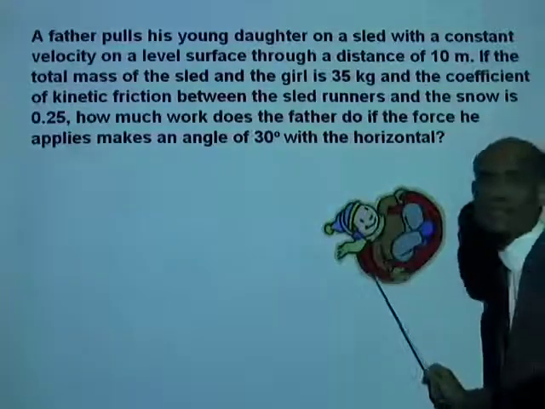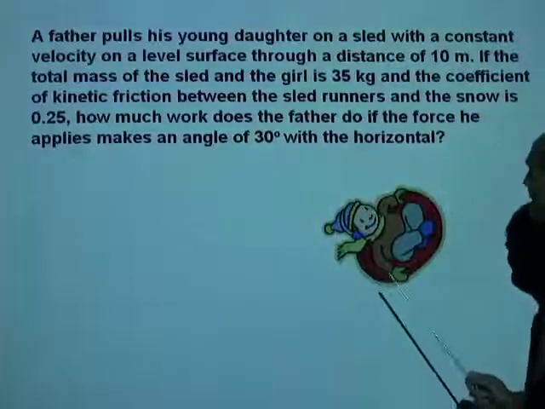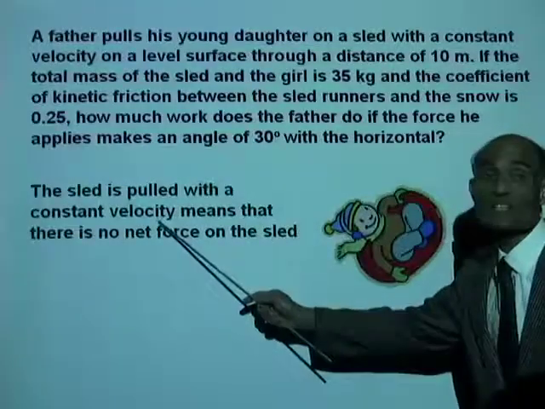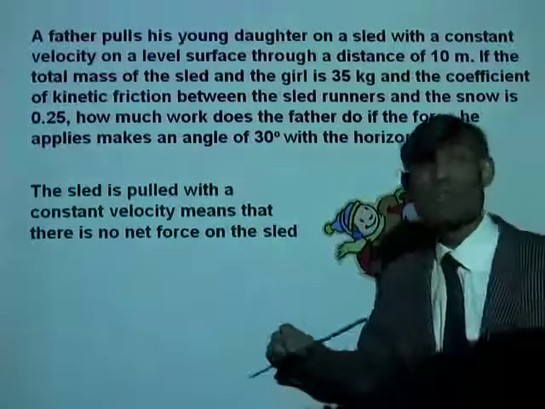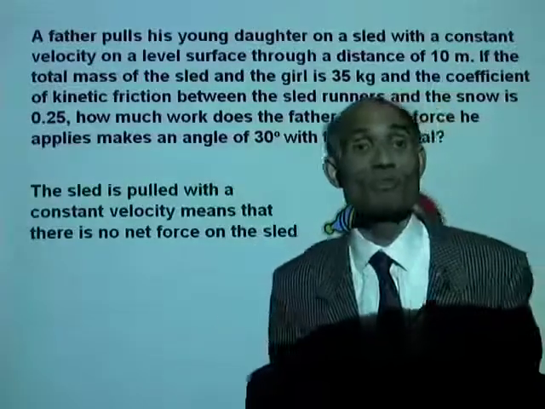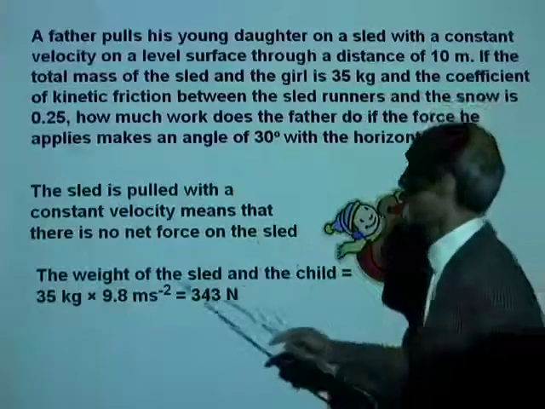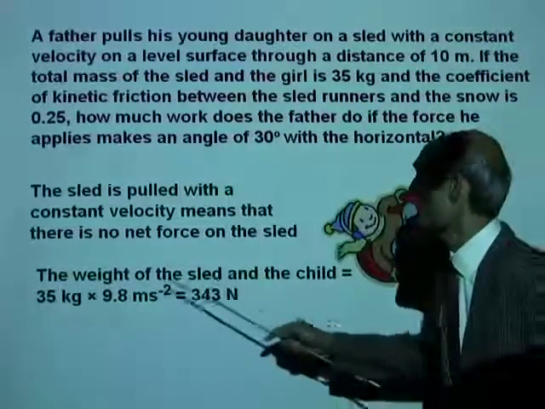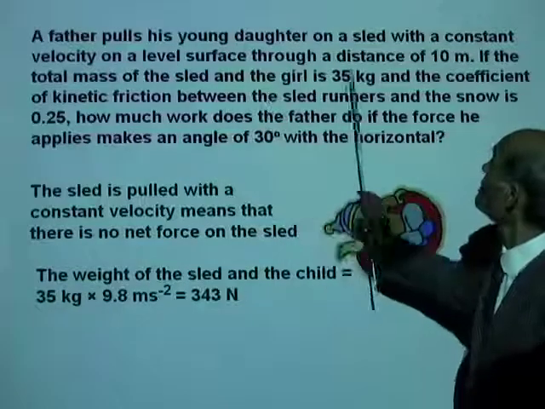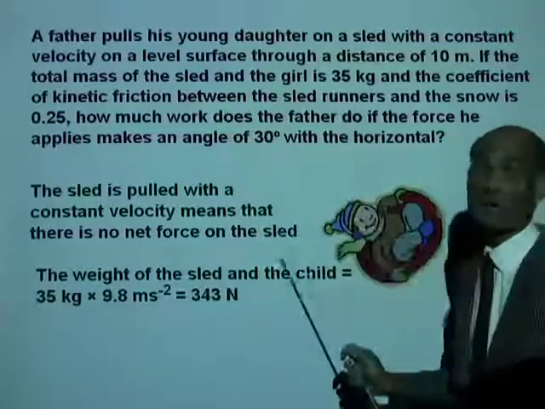Okay. Let's now draw a diagram. Here is the sled. Well, it's a very cute sled though. The sled is pulled with a constant velocity. What does that mean? There is no net force on the sled. Now, the total mass of the sled and the child is given to be 35 kilograms.